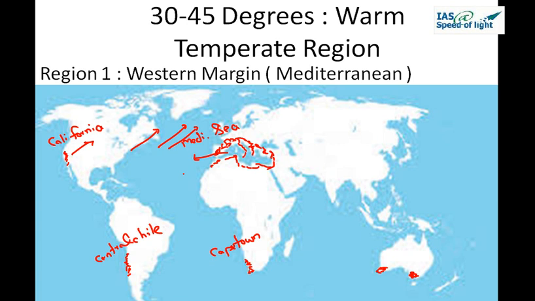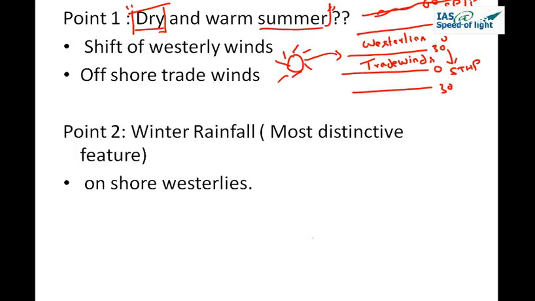And the other winds flowing from this side are the trade winds, which are again offshore trade winds. So that is the reason why these Mediterranean regions are not getting rainfall in the summer: the shift of the westerly winds and the offshore trade winds because of their location in this area.